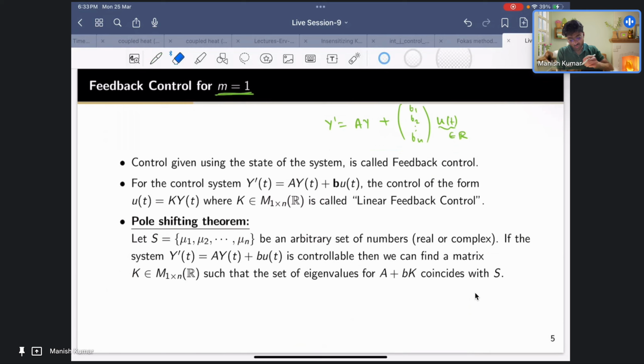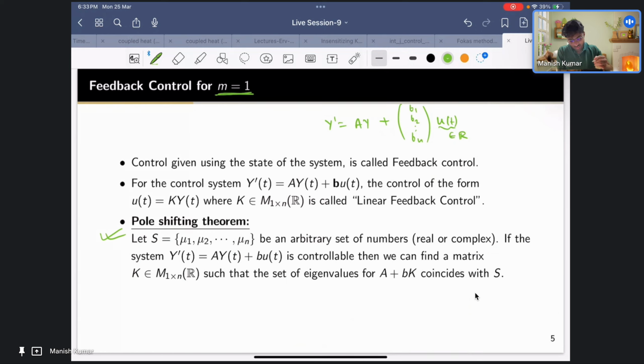The proof of this theorem is very constructive and actually gives you this K in the case m equal to 1. We'll not go into the proof, but we'll try to understand through an example, and that would be enough for our case. The proof has probably already been done in the lecture, so you can see it from there.